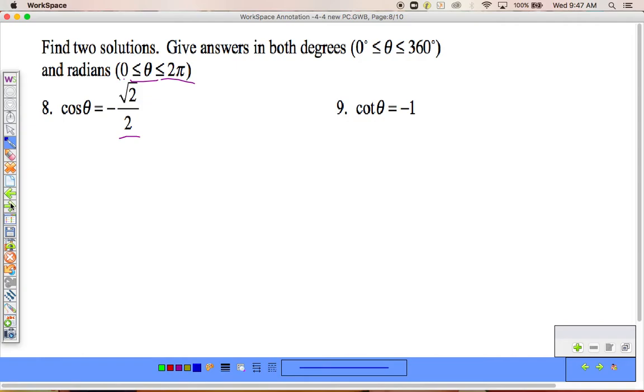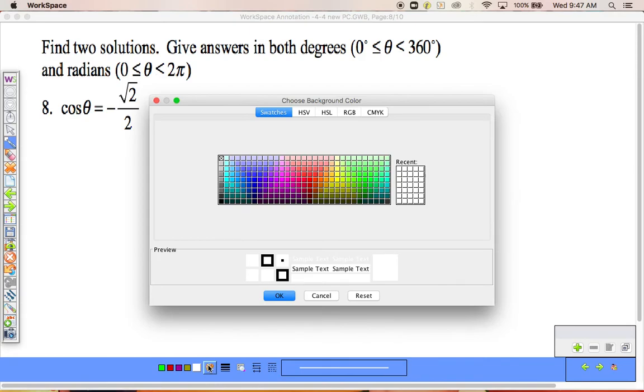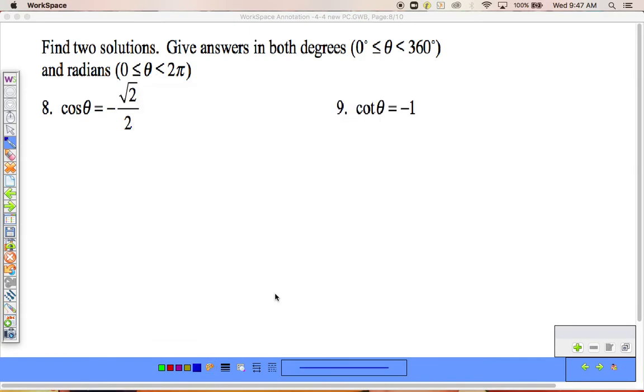All right, the last part. We're going to continue what we did last class. Last class we talked about first quadrant only. Now we're going to talk about all 4 quadrants. All right, so we're going to find 2 solutions.